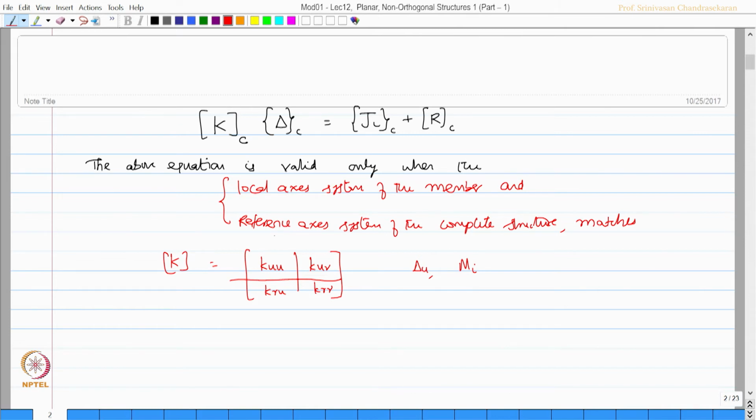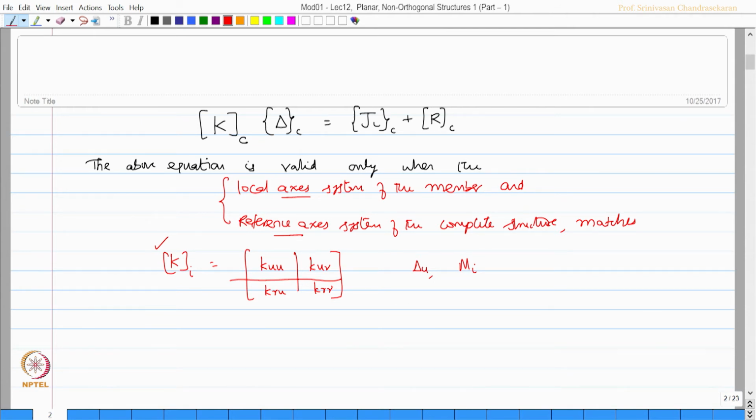When the reference axis of the system and the local axis of the members of the system are not the same, they are not mapped, they are not aligned, then the stiffness matrix written for each member may not be the same as that of the stiffness matrix written for the members which are not aligned with the reference axis of the structural system. So, we need to actually do some transformation of the local stiffness matrix to the reference axis system matrix and try to solve the problem.